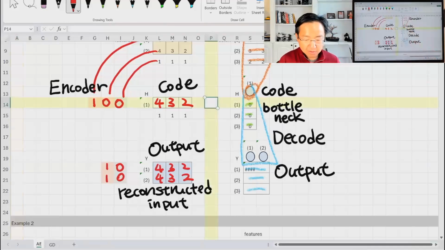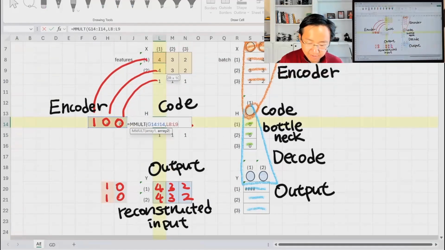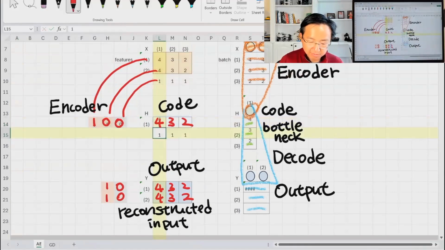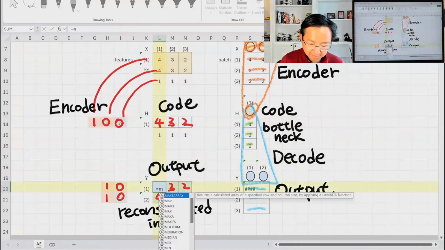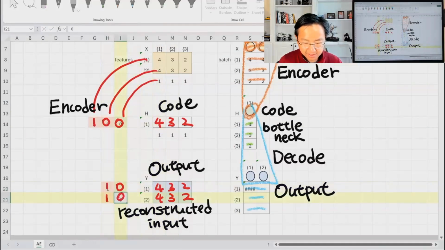If I code this, I will use 100, and this will be my matrix multiplication. So I'm just implementing this very simple encoder through matrix multiplication. And then I implement the very simple decoder also through matrix multiplication, except that before I do that, maybe I should enter those weights and biases over here.